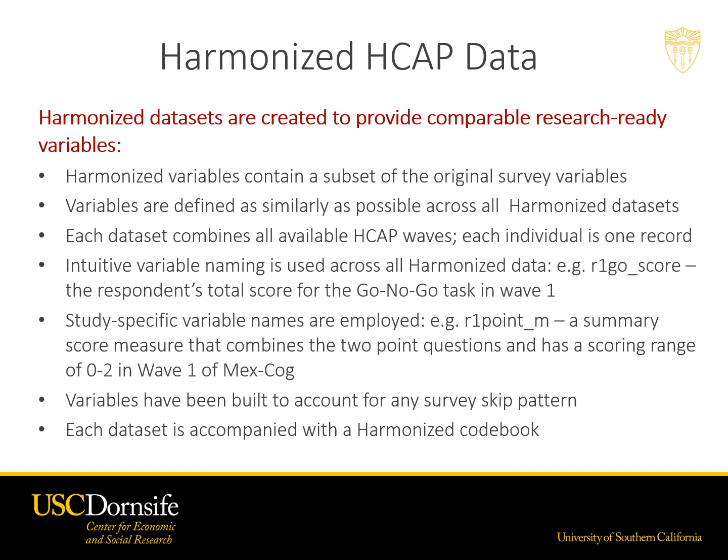For example, the variable r1._m is a summary score measure that combines the 2-point questions and has a scoring range of 0 to 2 in wave 1 of the MHAS MaxCog. Unlike the other studies, the MaxCog scores these questions as 0 to 2 rather than 0 to 1. An _m has been added to the end of the variable to indicate this difference.